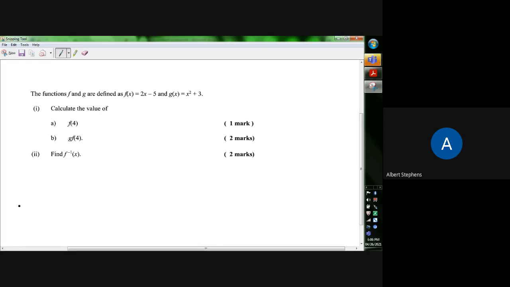You identify that this is the F function. So to find the inverse, this is the procedure. Let me write properly. Let y equal the function, which is 2x subtract 5. Everybody see that?